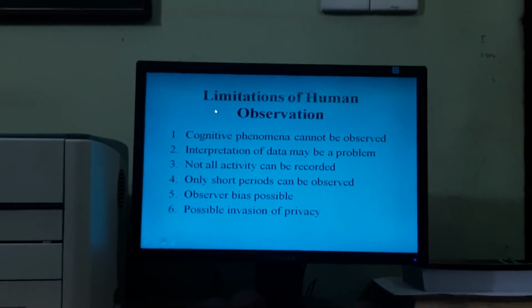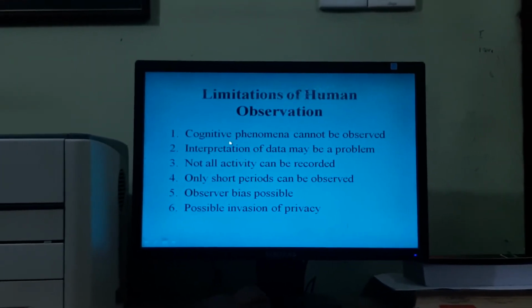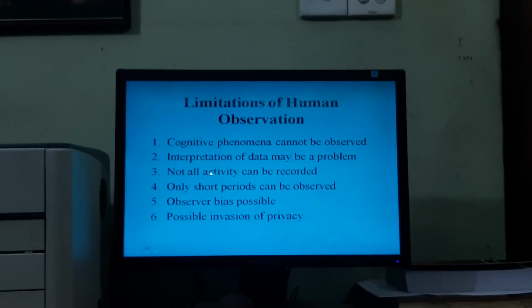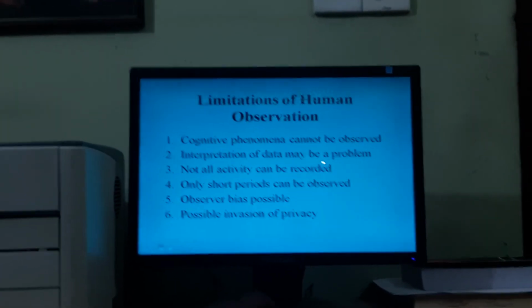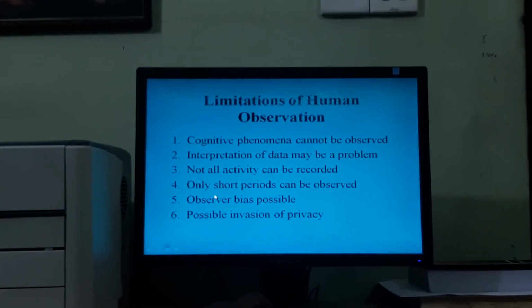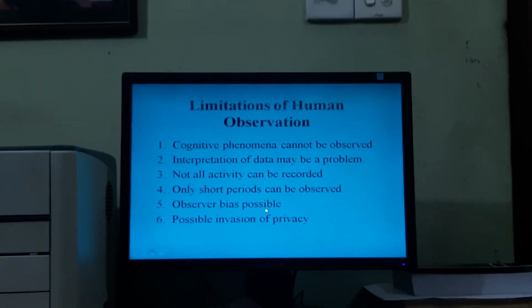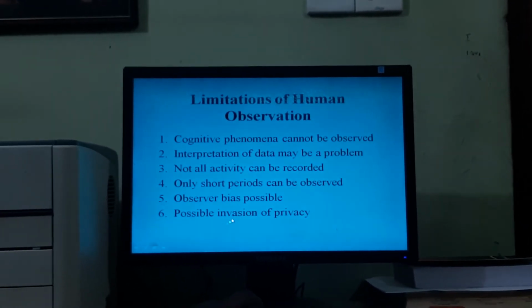The limitations or demerits of human observation are: cognitive phenomena cannot be observed, interpretation of data may be a problem, not all activity can be recorded, only short periods can be observed, observer bias is possible, and possible invasion of privacy.